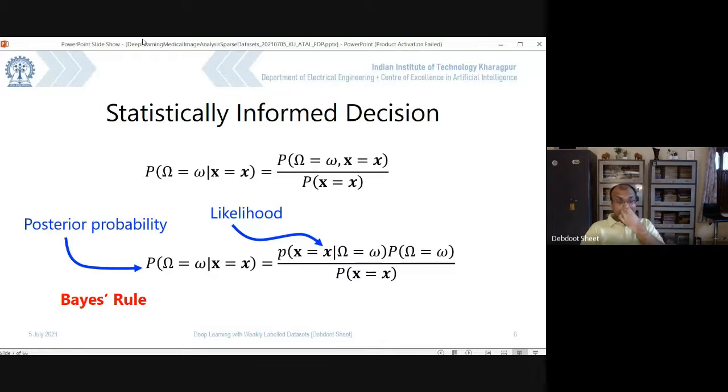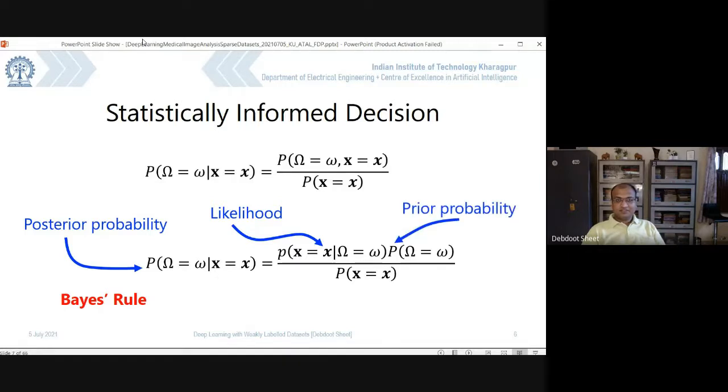I make this measurement x on the bunch of cancerous tissue, I make this measurement x on the bunch of non-cancerous tissue, and then come up with a probability. And this is a purely statistically defined probability. So we get our histograms. From there we get a probability mass function. In fact, I have slides where I will be showing you exactly how you arrive at these kinds of probabilities based on pure measurements which you do in an experiment.